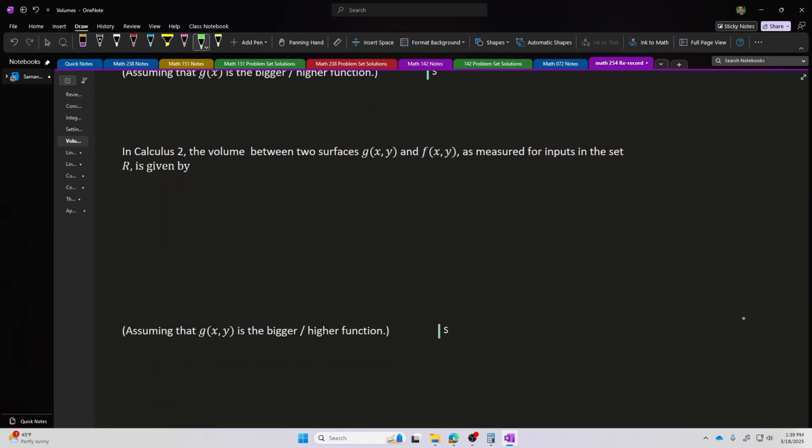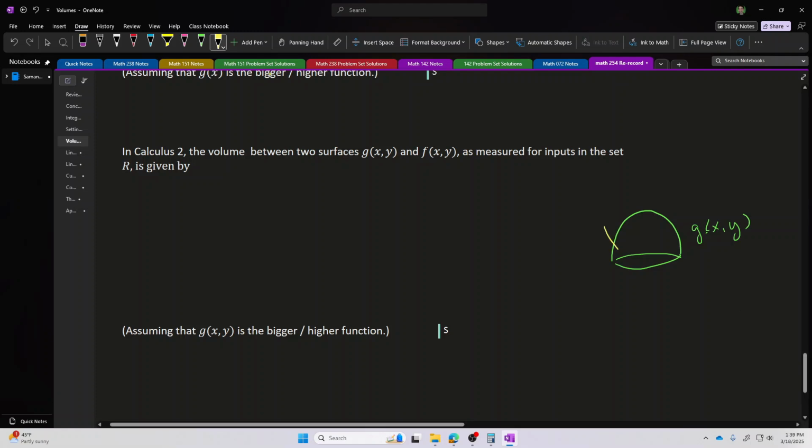If I have a surface on the top, for example, maybe the surface g of x,y is a paraboloid opening down, and maybe the surface f of x,y is a paraboloid opening up, and you want to know how much volume is trapped between those two surfaces.